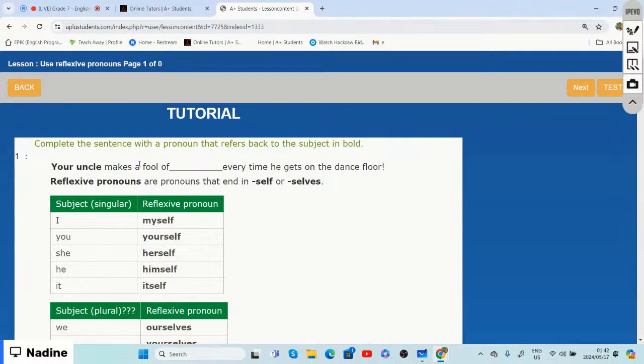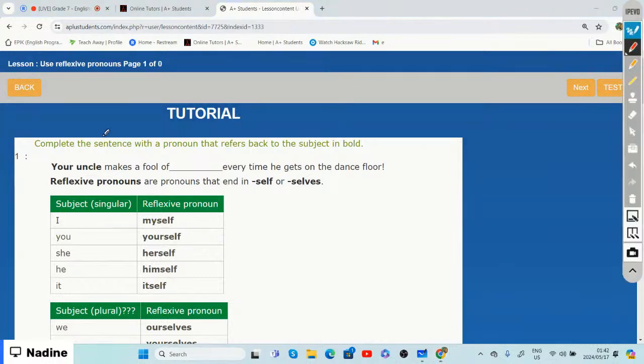So he's making a fool of himself, right? And himself refers back to your uncle, which is he.